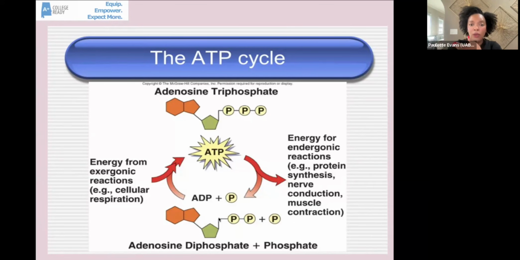So then the question is, how do we restore our adenosine triphosphate? Because you've broken off a phosphate group, you now have adenine, ribose, and two phosphate groups, or adenosine diphosphate. Well, we just need to add a phosphate group back to get it back to ATP, right? In order to do that, you're going to have to get a net input of energy to construct ATP.